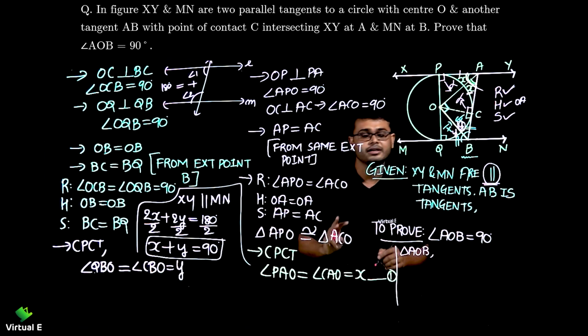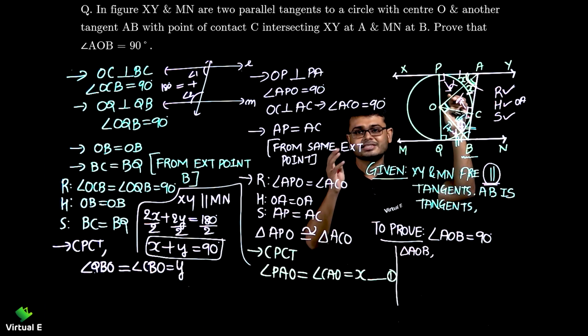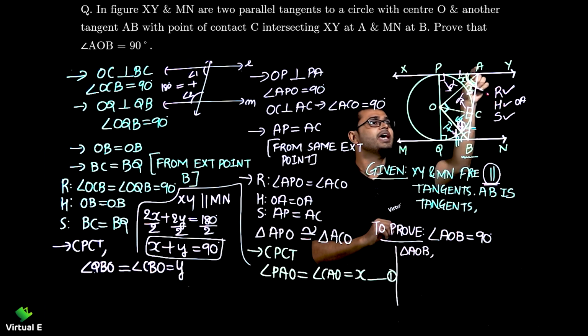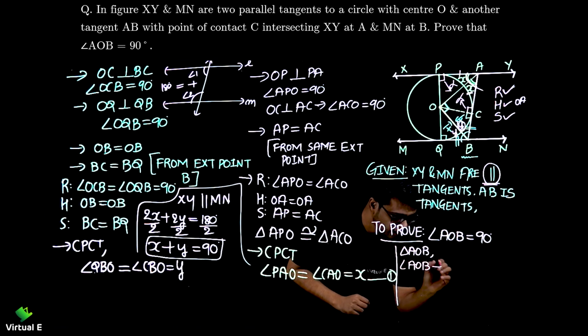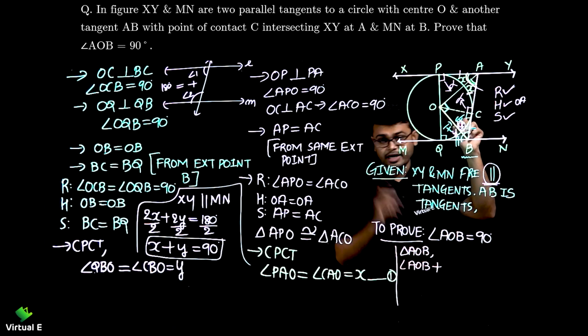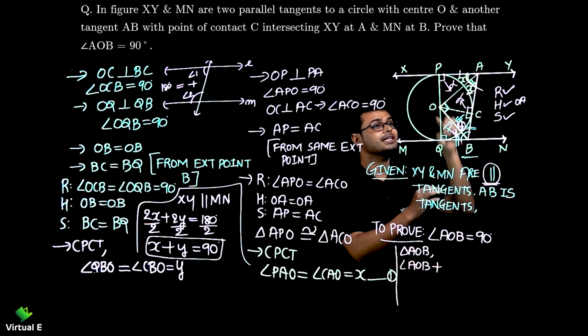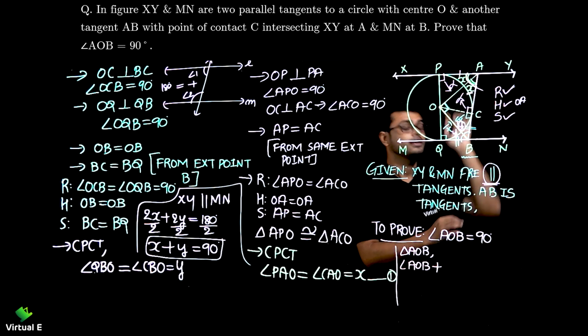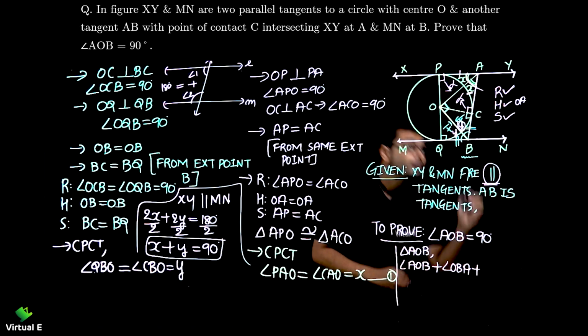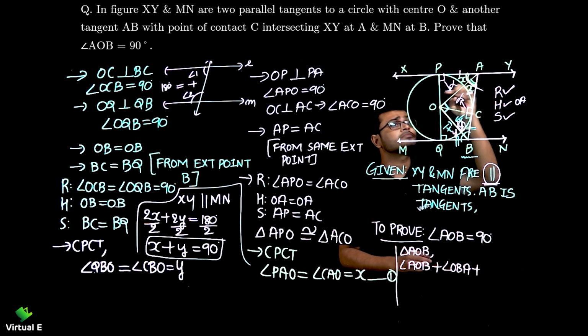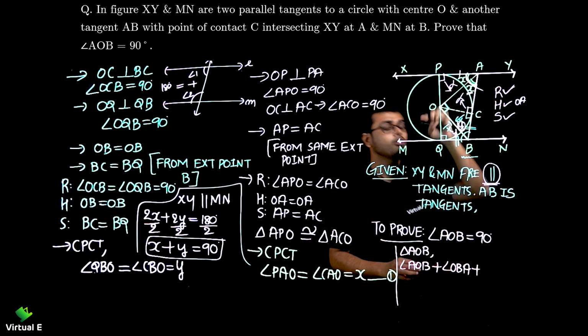Now there are three angles there. First of all, let's start with the one we want to find, which is AOB. So angle AOB plus this angle Y, if you want to write the name of it, that is OBA, plus this angle, which is BAO.